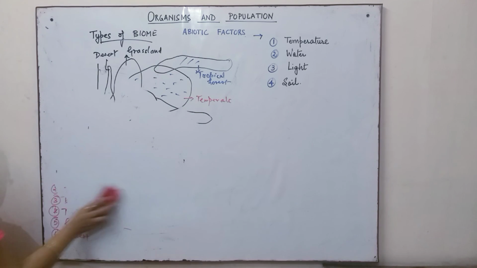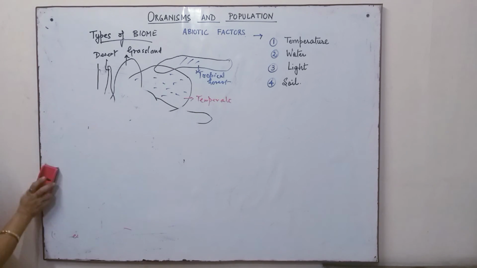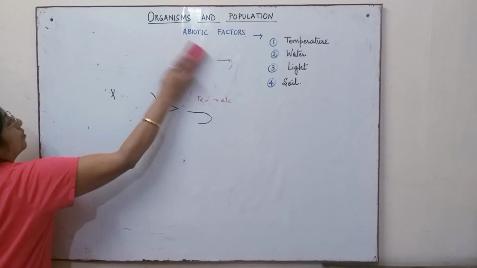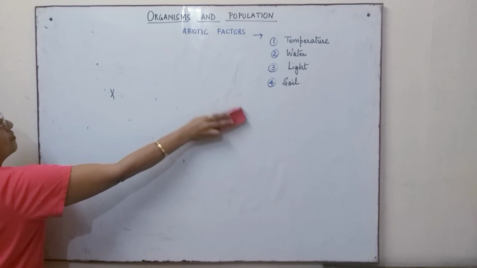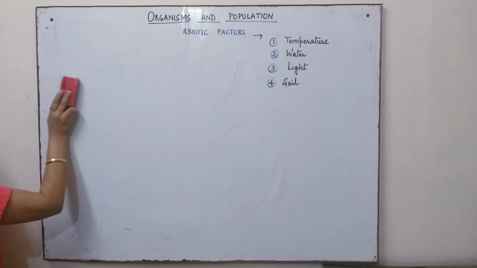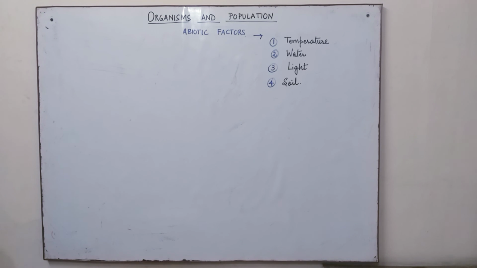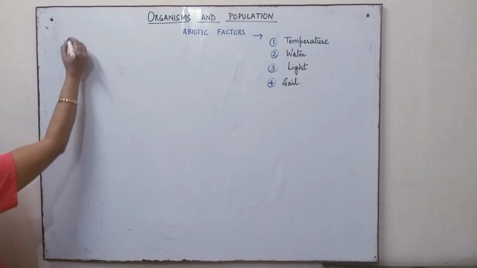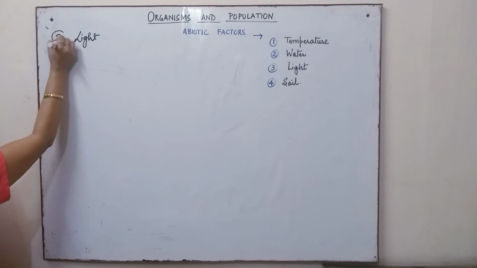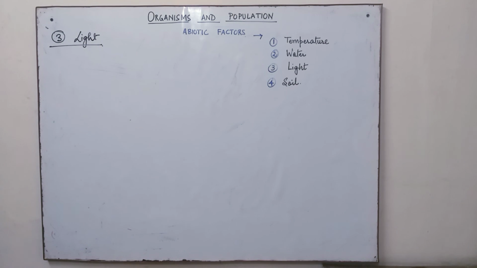Coming to the next abiotic factor, that is the light. Light, again, all of you know that it is an important factor that is required for photosynthesis. So mostly all the plants undergo the process of photosynthesis, so the productivity is affected.